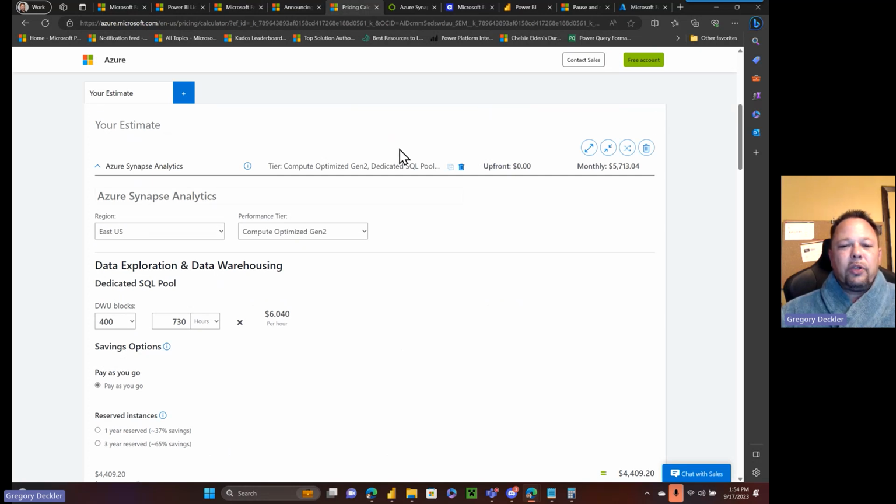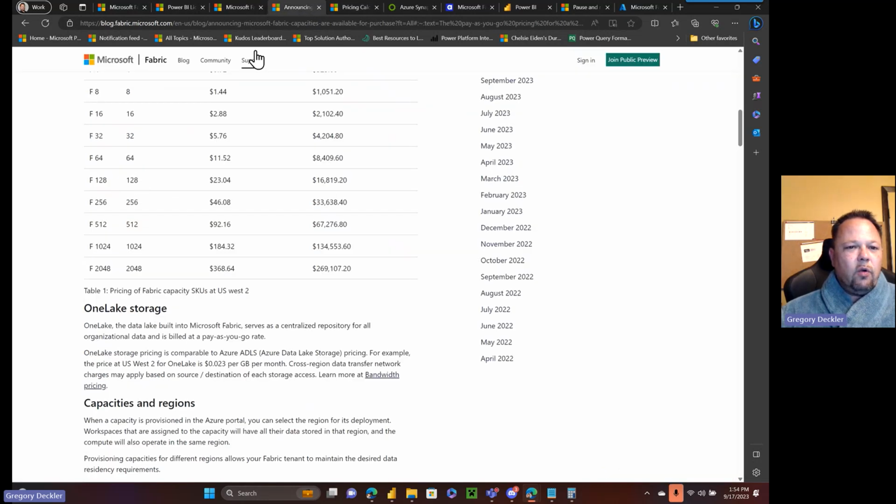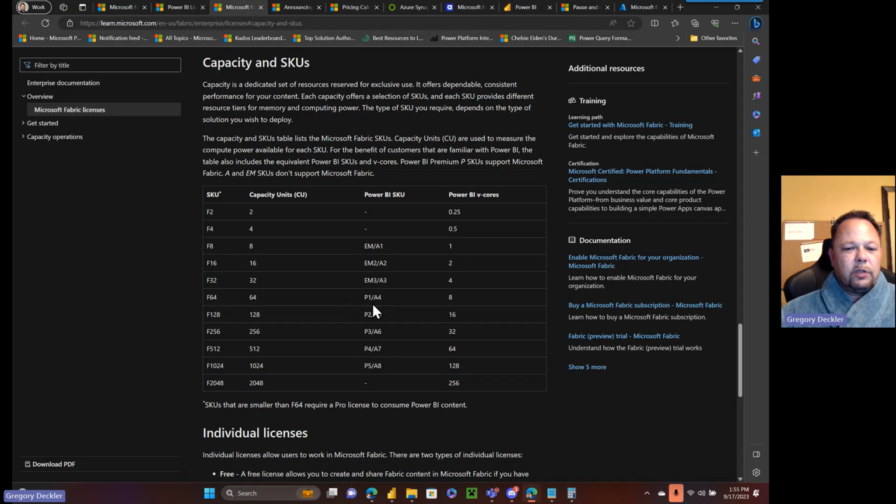It's basically per use, like per SQL query, and it is very flexible that way. So the question becomes, we know an F64 is equivalent to a P1, but what is it equivalent to in Azure Synapse?